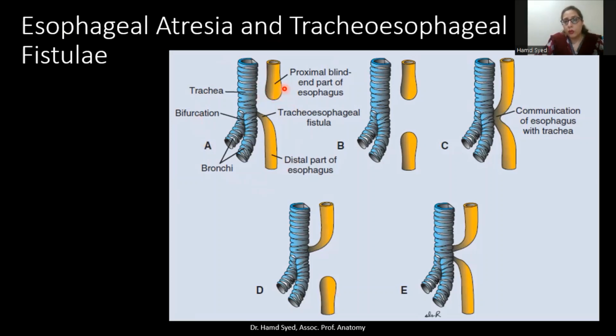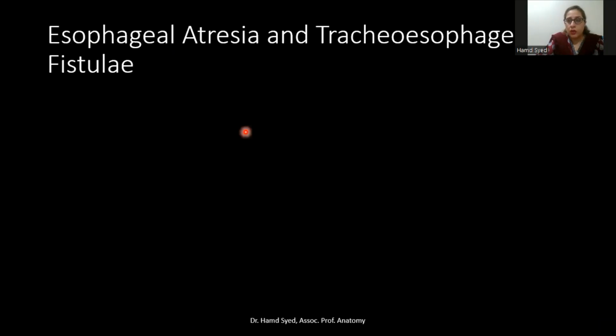So the neonate will experience drooling of saliva and also regurgitation of milk on feeding. And since the lower part of the esophagus is in communication with the trachea, this can cause reflux of gastroesophageal contents into the trachea, into the respiratory tract, and this can then cause coughing and breathing problems.